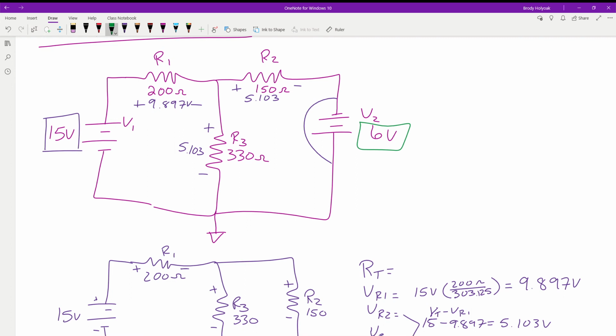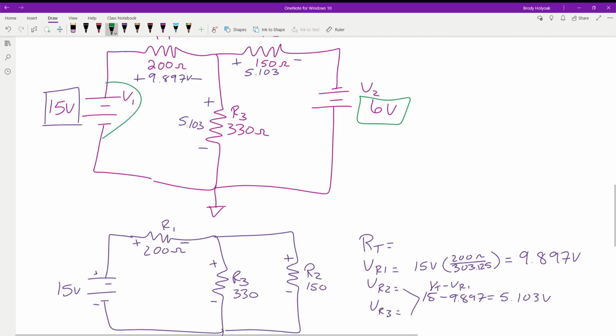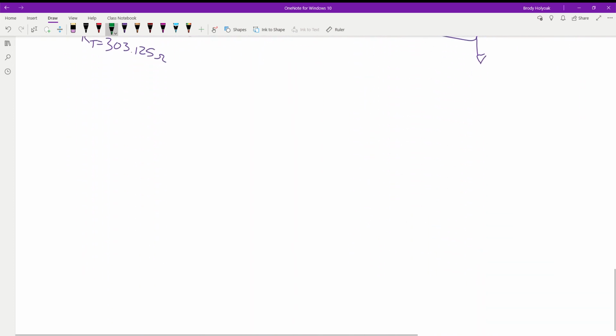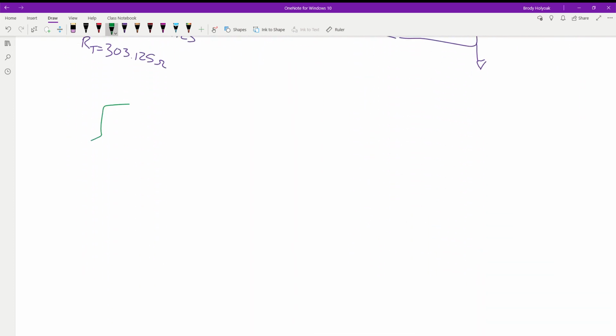Everybody good up to this point? Okay. So now we're going to remove this short, and we're going to short out supply 1 because now we're working on supply 2. So our circuit is going to look like this.